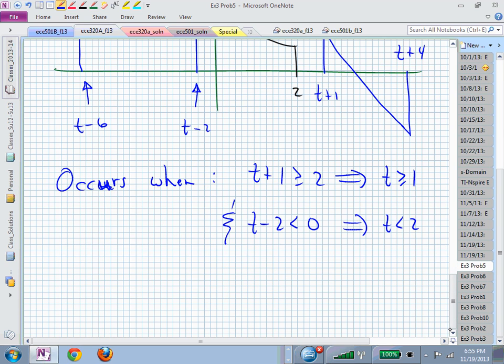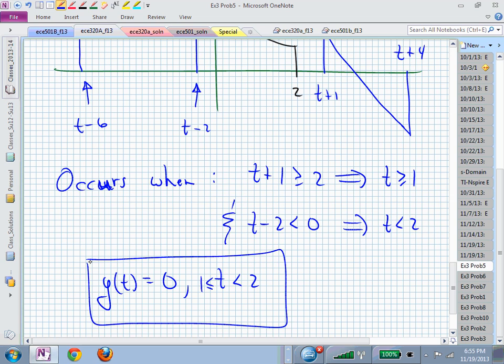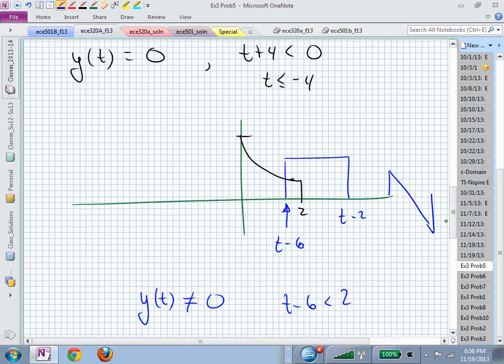So let me finish this one. We could say now Y of T is 0 when T is bigger than 1 and less than 2. So that's one of our answers in this long list. Now if I go back, what did you say here?